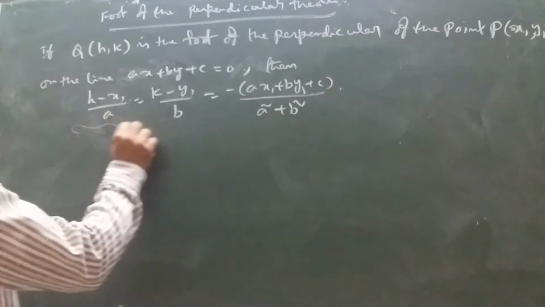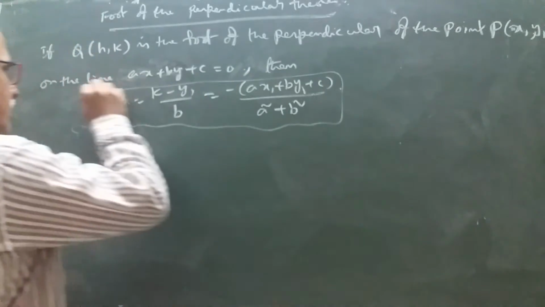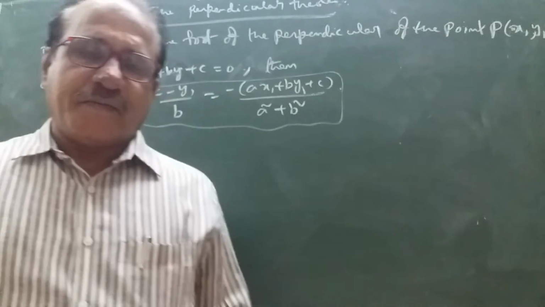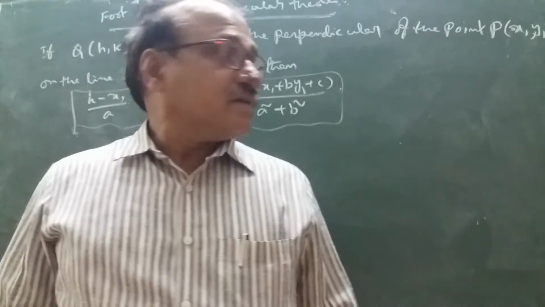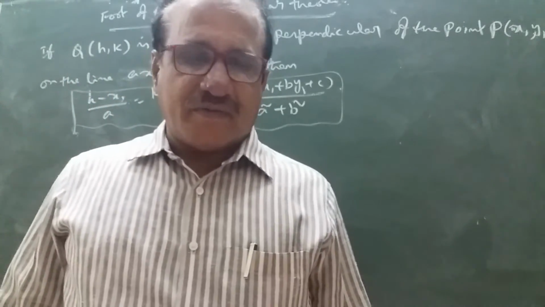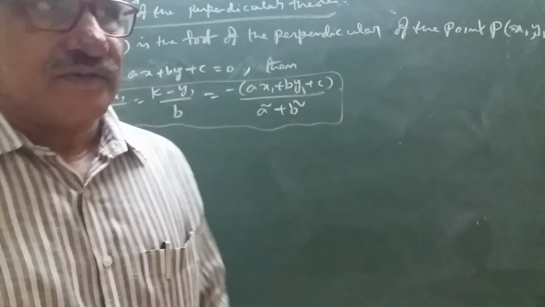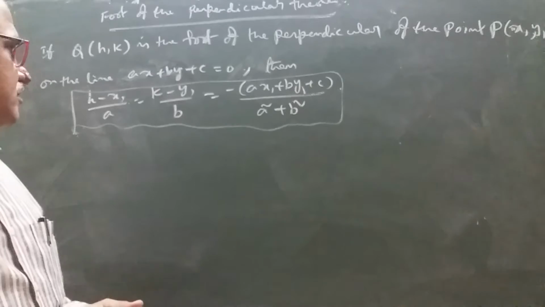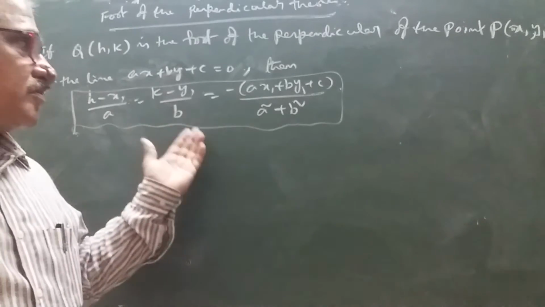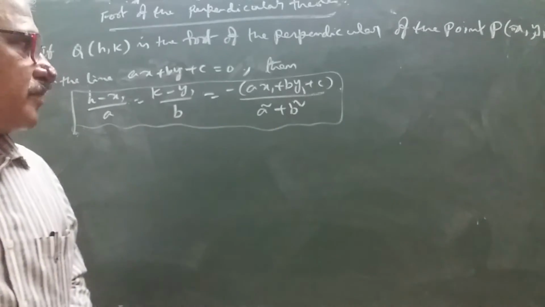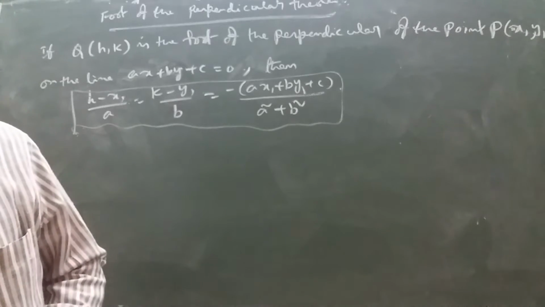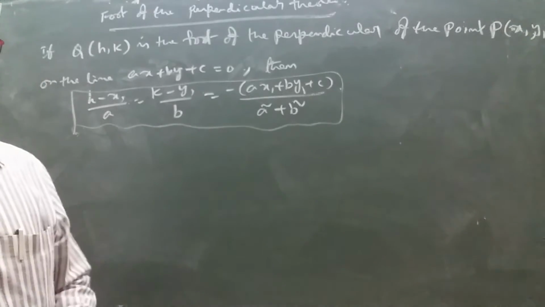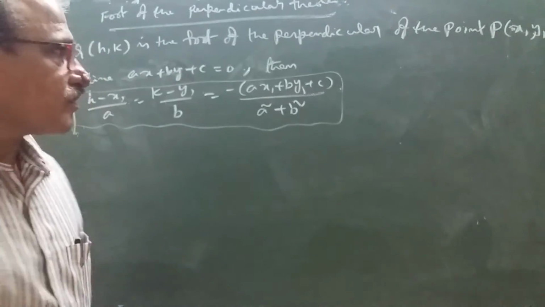This is the relation. If (h, k) is the foot of the perpendicular of the point P(x1, y1) on the line ax + by + c = 0, then (h - x1)/a = (k - y1)/b = -(ax1 + by1 + c)/(a² + b²) is true.